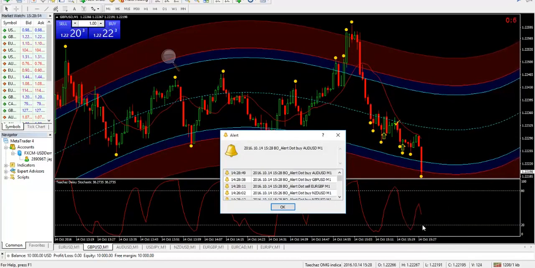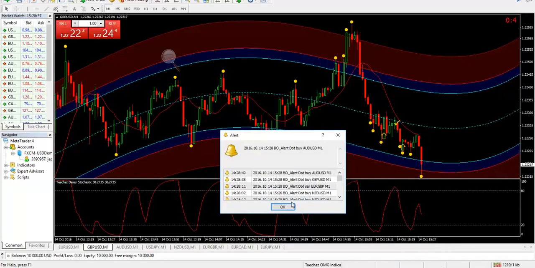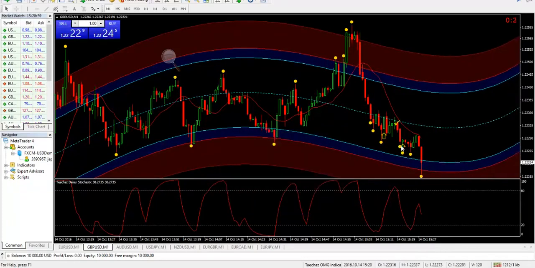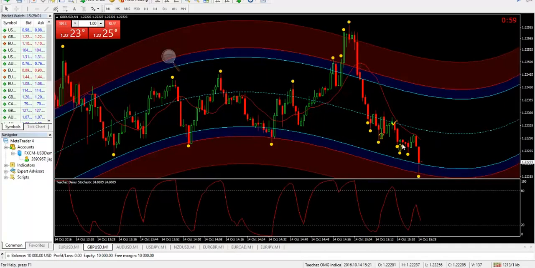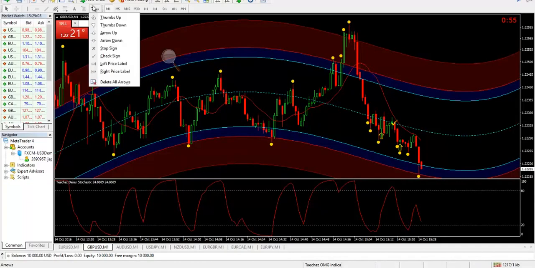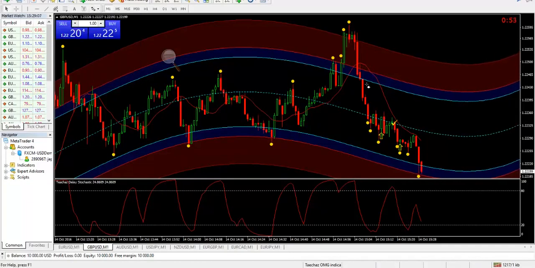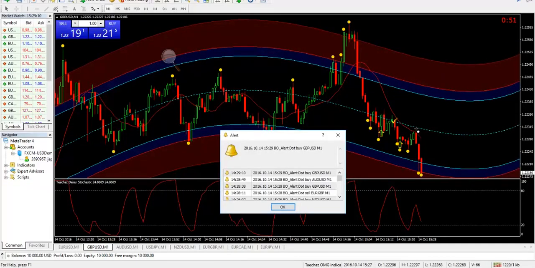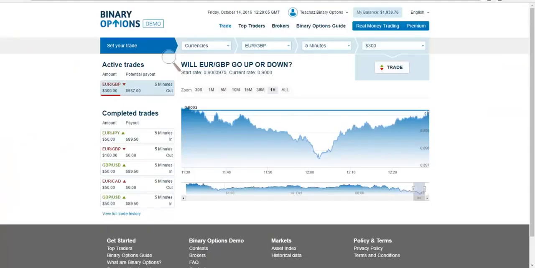And at the same time, this is another trade that we had, which is 1, 2, 3, 4, 5. It expired above here. This was a winning trade. Because if you check here, let's see. Okay, it's this one here, the first one.